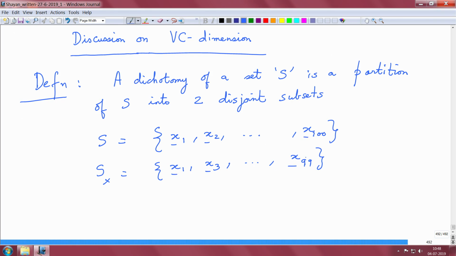Okay. Now, I call S with the circle in the subscript all those points that I want to pick up with even indices: x2, x4, so on till x100.